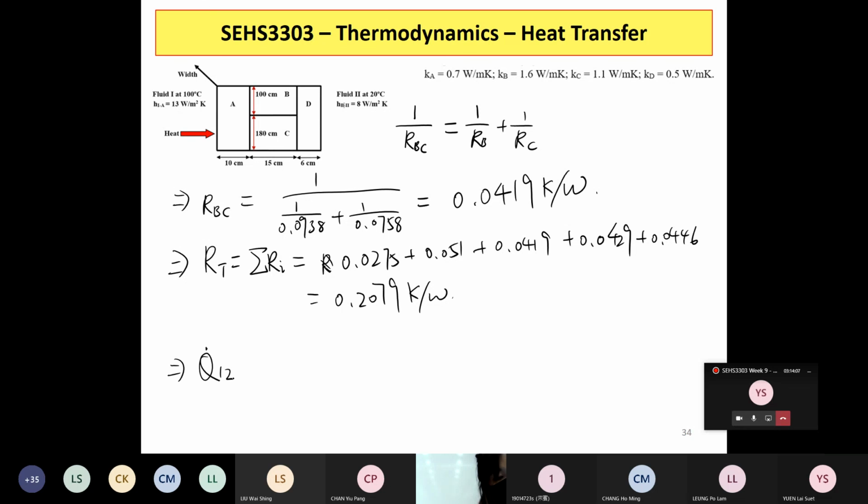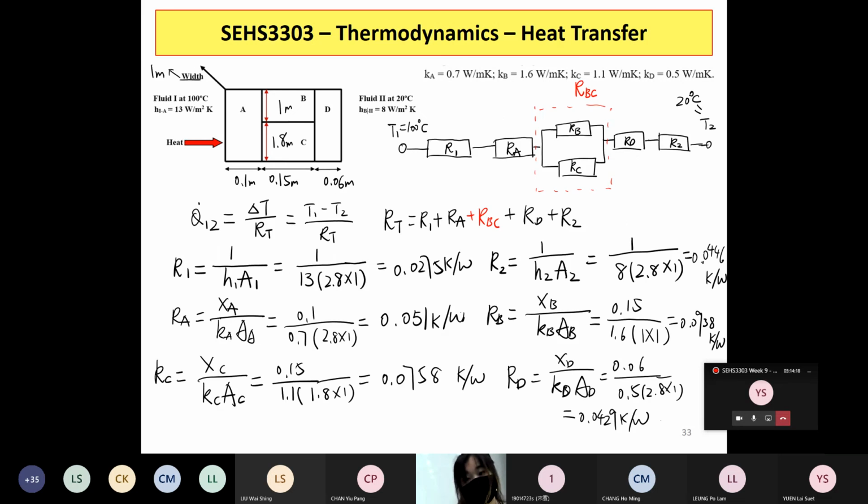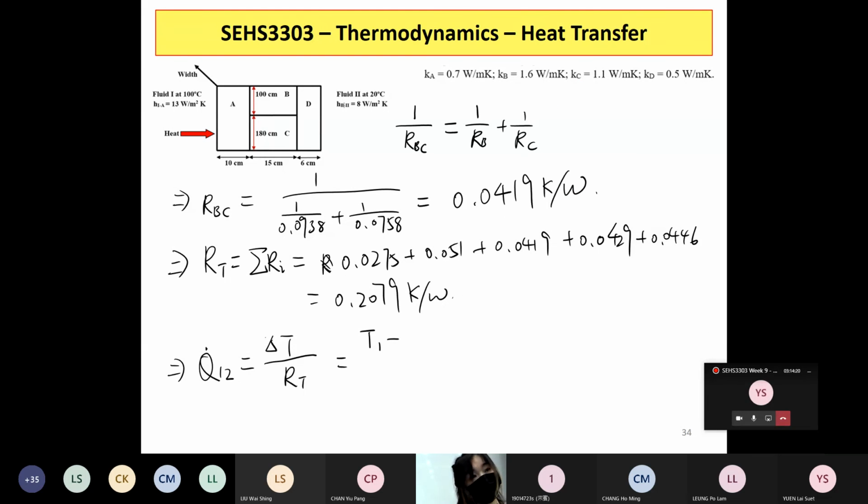The heat transfer rate equals to what? Delta T over RT should be T1 minus T2 over RT.